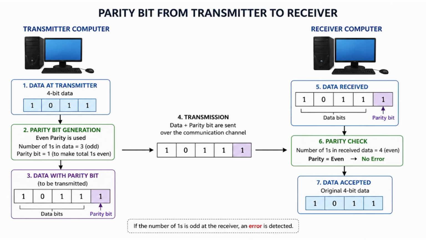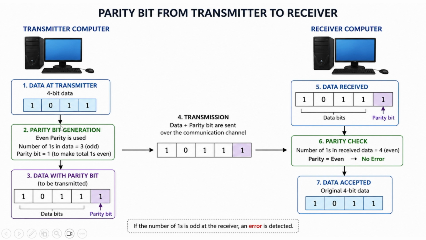Now we try to understand this concept through data transmission from transmitter to receiver. For example, we have 2 computers and we want to transmit data from the transmitter to the receiver. Here we take 7 steps. At the first step, at the transmitter end, we consider the data to be 4-bit, 1011.